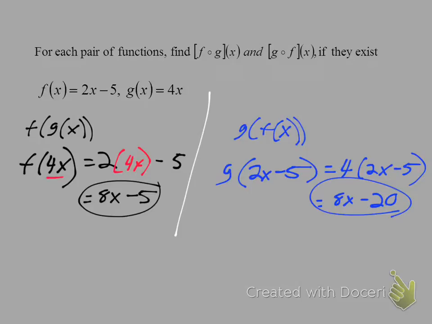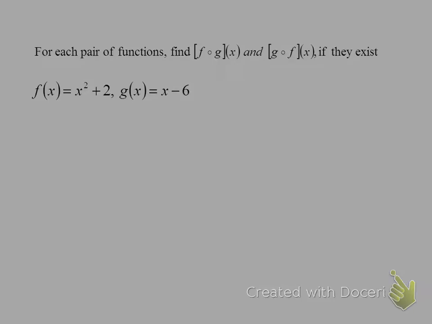One more. Let me make sure I get this right. You don't need to find both. I just want you to find f of g of x. Would it be x cubed? No. Let's get that notation right.